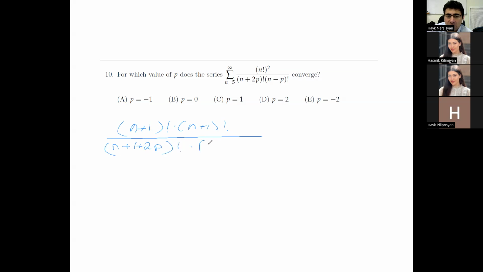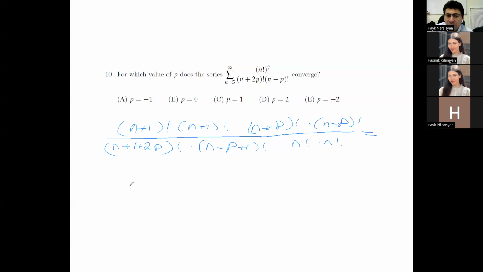Divided by a_n. Divided by a_n, we can write on the numerator n factorial times n factorial and (n+p) factorial times (n-p) factorial jumps to the numerator.